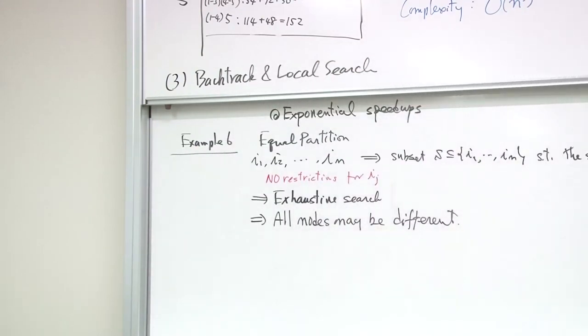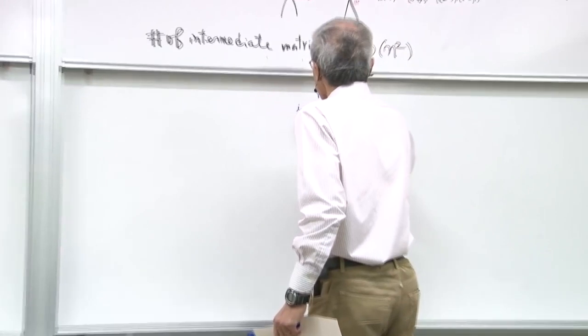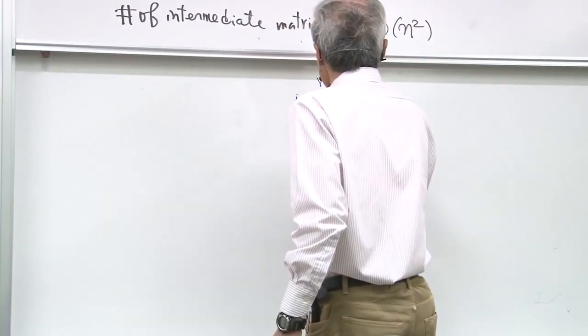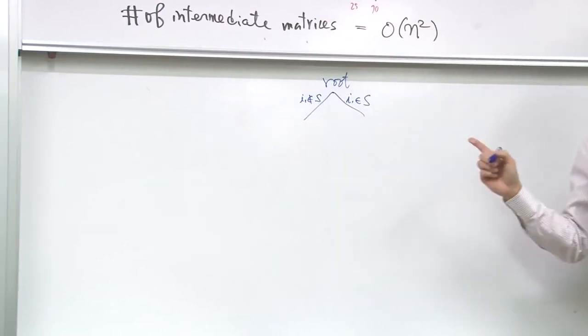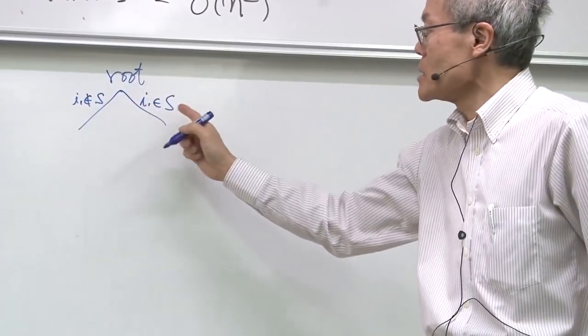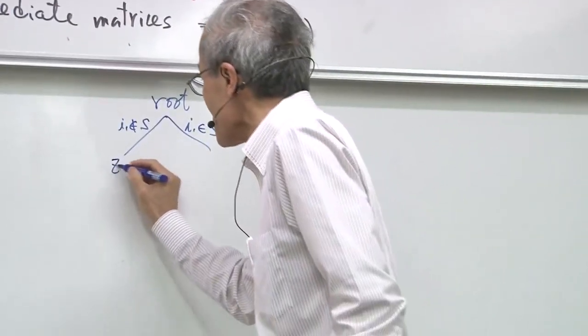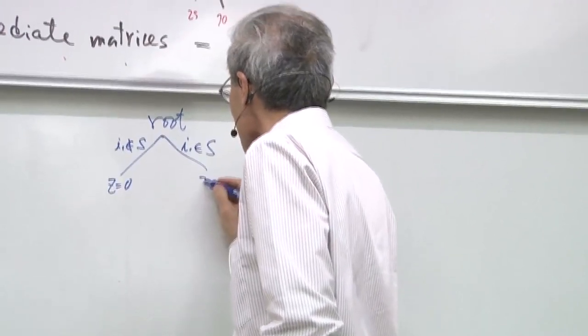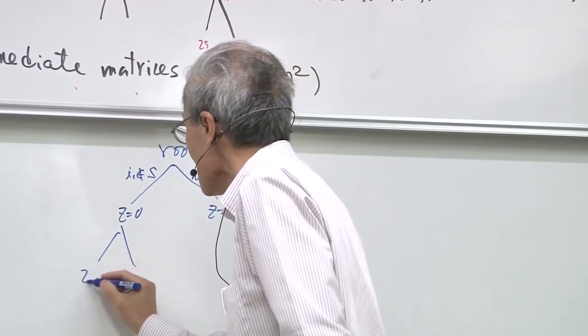So we have exhaustive search, it's a root. Then the first choice is whether I1 is in subset S or not. Then the sum is equal to 0, or the sum is equal to I1. Then I2.